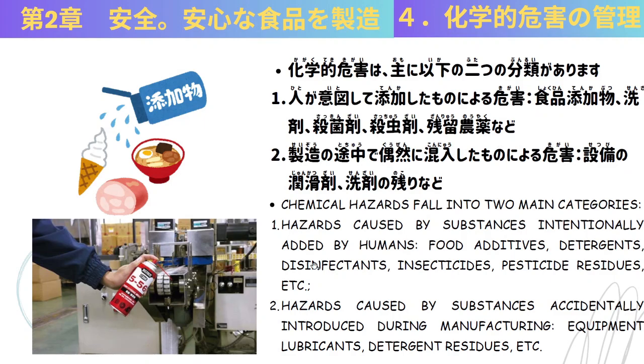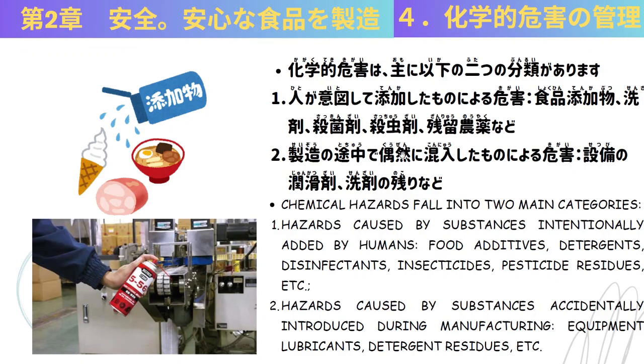The first is chemicals we use with intention, like additives, detergent, sanitizers to kill bacteria, or pesticide to kill some bugs. So it is intentionally used by humans. That is number one.